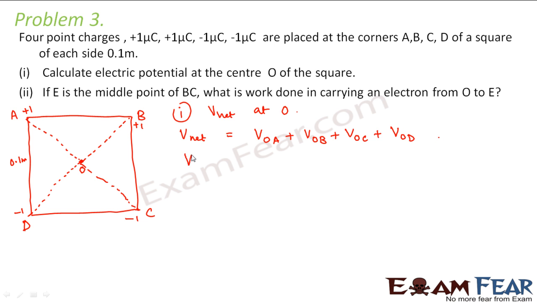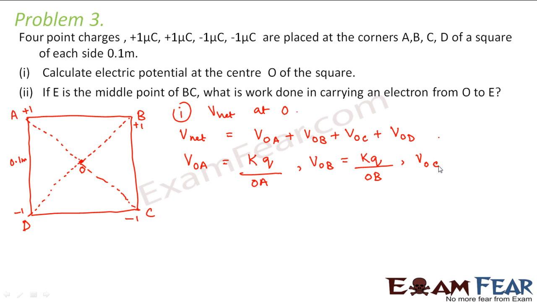So what would be the potential at O due to A? That will be equal to K into the charge, that is Q, which is plus 1 microcoulomb, divided by the distance. The distance is OA. Right? Now similarly, when we talk of potential at O due to B, this will be equal to KQ divided by OB.